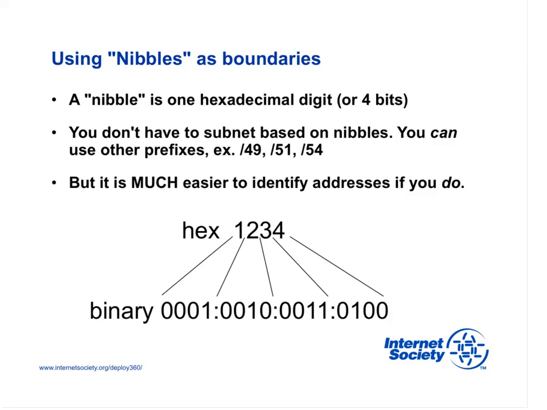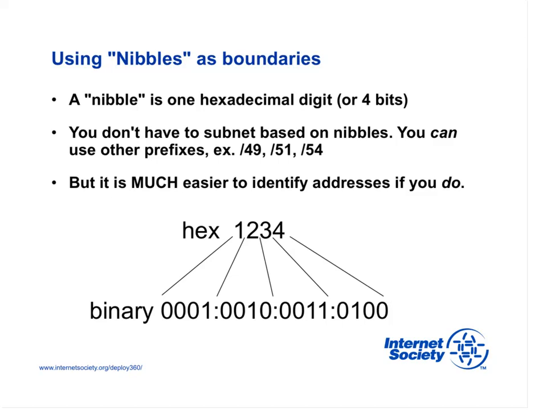You don't have to do that. You can use other prefixes. You could give out a /49, a /51, a /62, whatever kind of range you need. You don't have to go on the nibble boundaries, but for your own sanity and for your own planning, it may be a lot easier if you do.